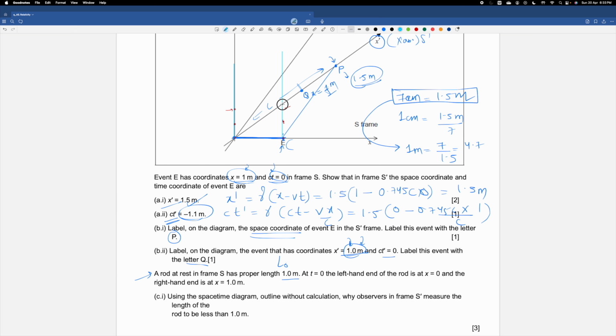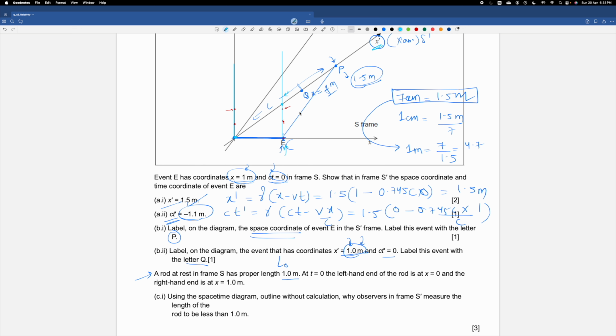Now, the point where this vertical line that you've drawn from the event E intersects the x prime axis is where you are going to get the other end, because the initial end is obviously at the origin. The other end will be the point of intersection.